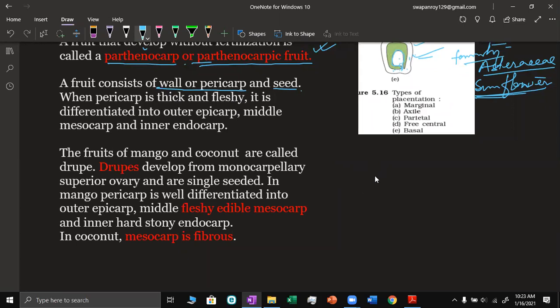Fruit formation only takes place in angiosperm. In other groups of plants, in gymnosperm, pteridophyte, bryophyte, algae, there is no fruit formation. Okay, so fruit formation is a characteristic feature of angiosperm.